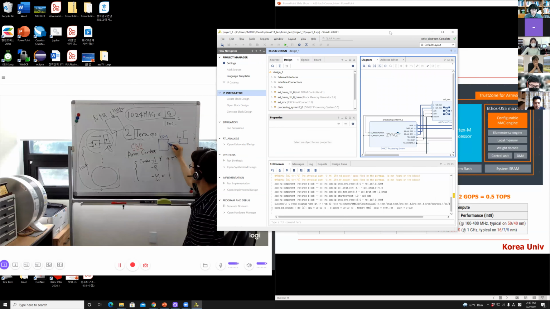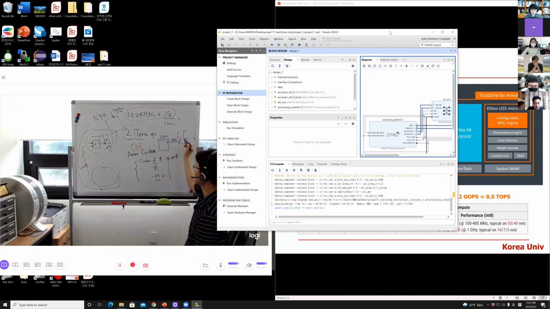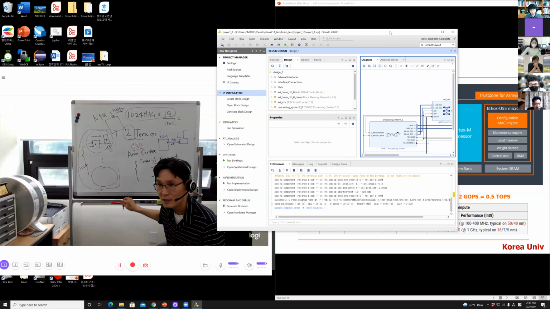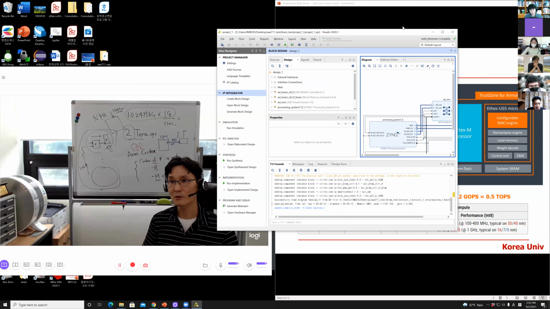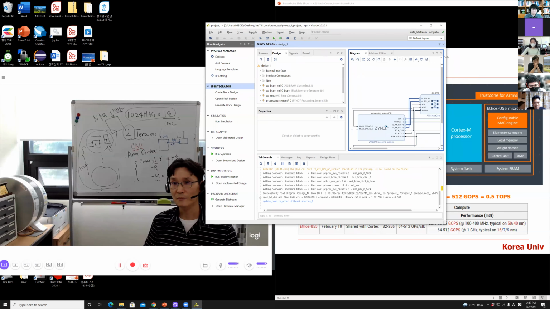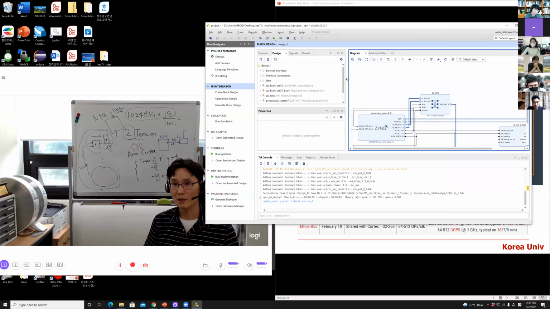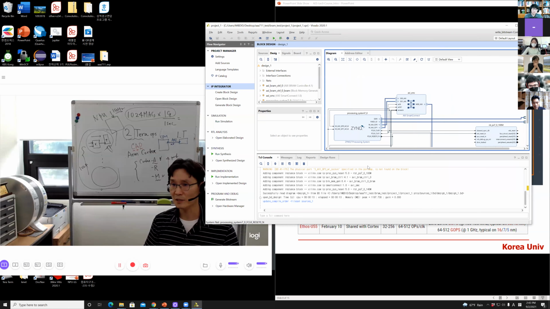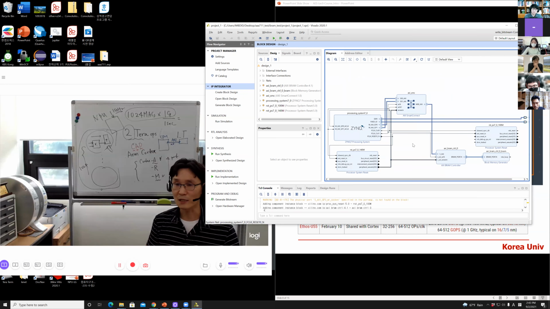This interconnection, AXI, we use AXI in the ARM case, right? You don't have to worry about what kind of detailed signals exist between these two: address, data, control. It is abstracting out all the details. So it is like a block diagram based hardware design tool.